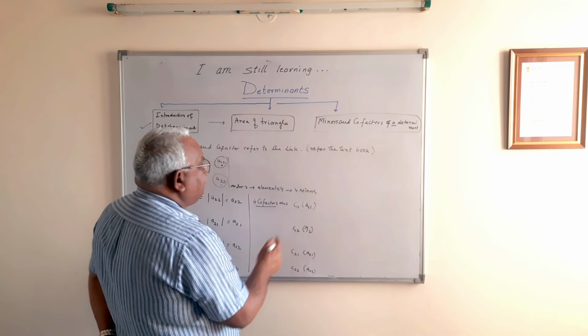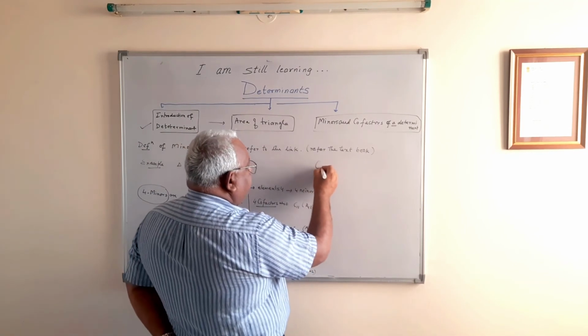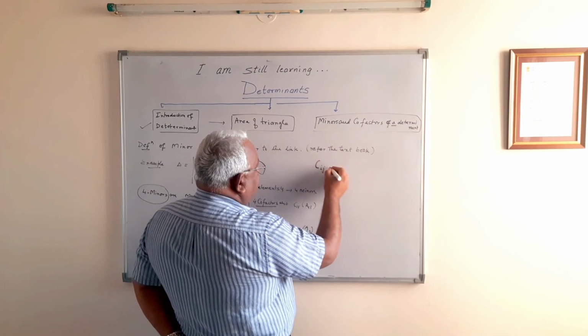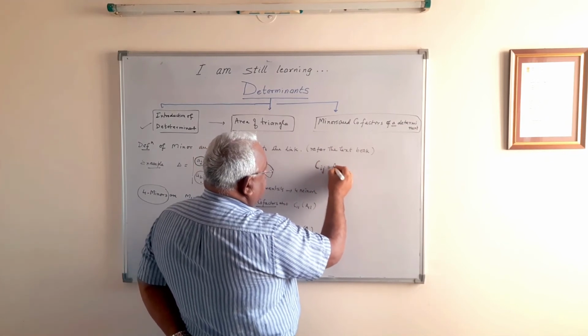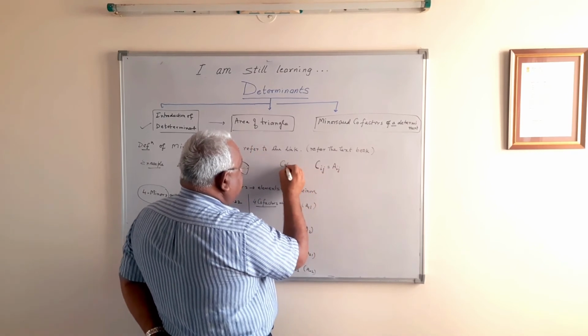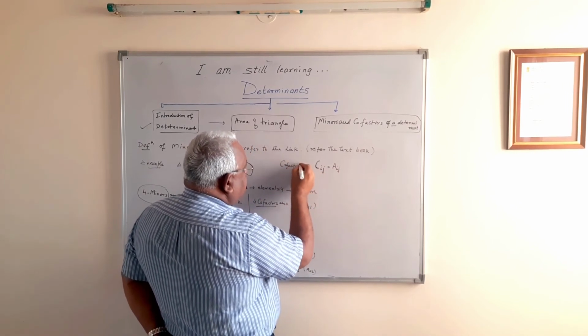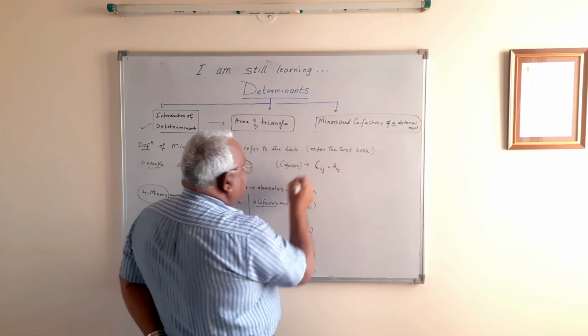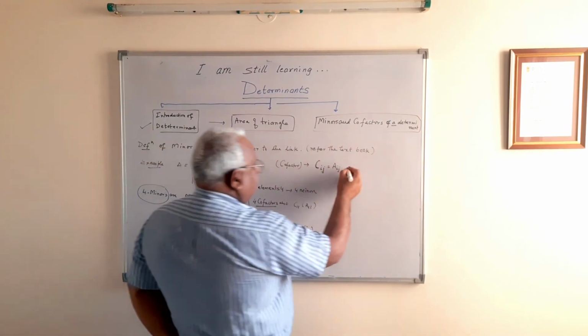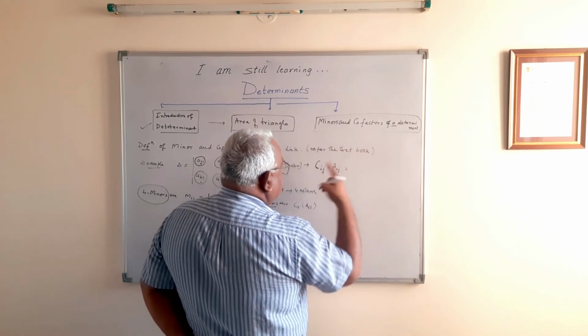To find out this, you need to understand the meaning of the definition of Cij. That is cofactor. Cofactor is derived from minor itself, so there is a relation between cofactor and minor.